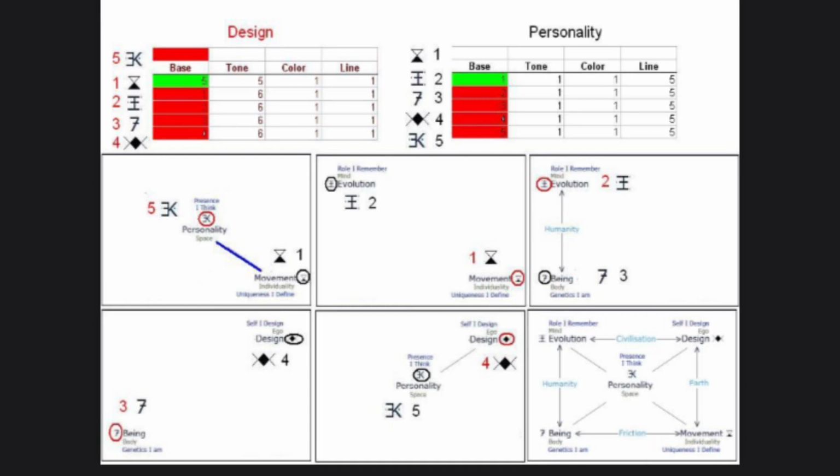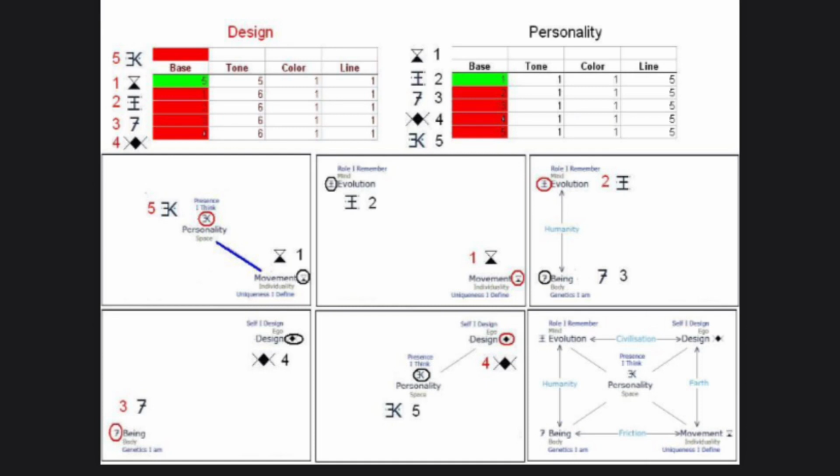And one of the things that you'll notice about the relationship between personality bass and design bass is that we have a shift. And the shift, as you can see, here on the personality, you got a first bass, so you shift backward one step to the 5 in the design. Here you have personality second bass, and you can see that its design is shifted back, and it is the 1.